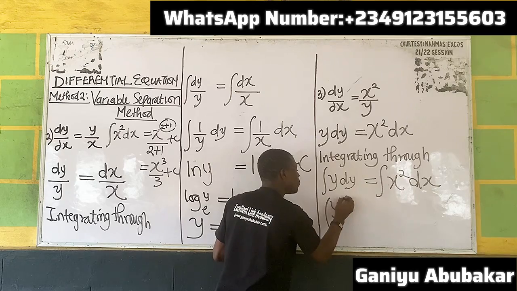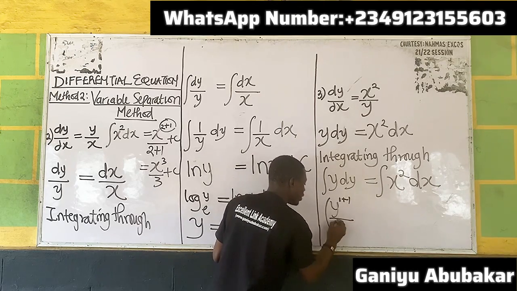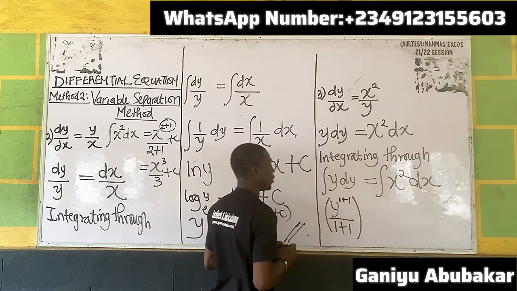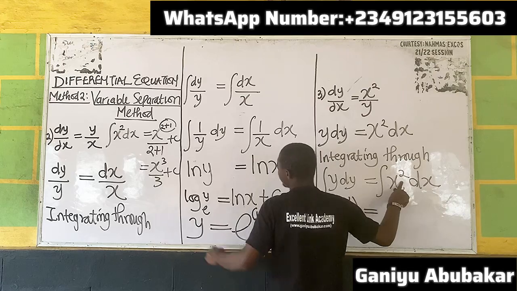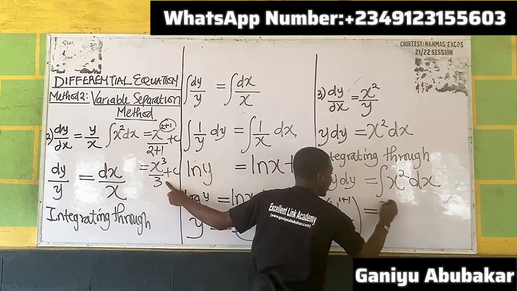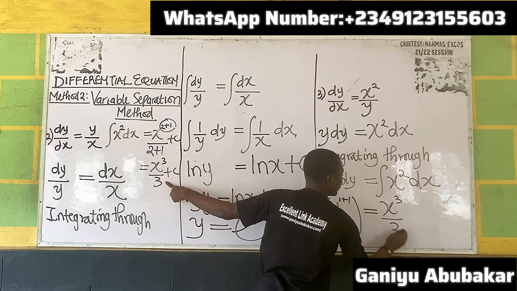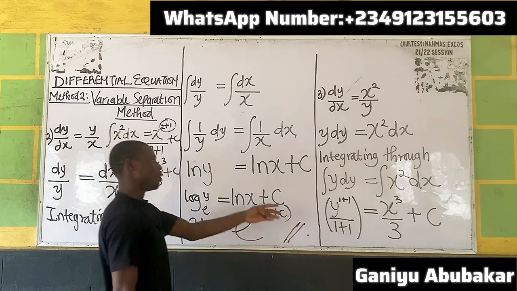Then we add 1 to it, all over 1 plus 1. So what's my answer there? y squared over 2, then plus c.